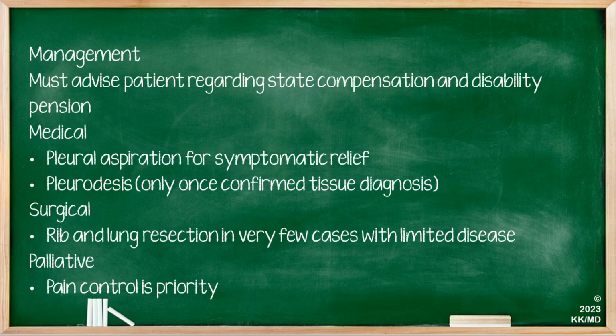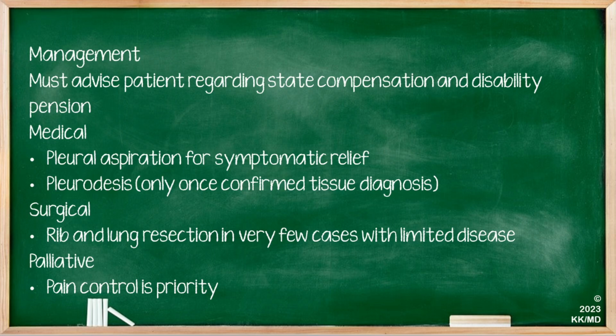First and foremost, you need to make sure that you advise the patient about smoking cessation, as well as legally you do need to tell the patient that they are able to be compensated by the government under the disability pension. And it's really important also for the context of PACES to also mention this.